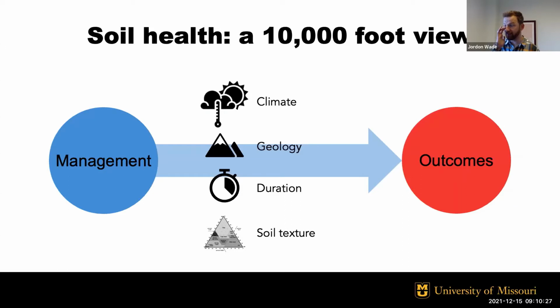So things like climate: where are you, how much rain do you get, and how hot is it there? Things like geology: how much slope you've got, and what kind of bedrock is beneath your field, how long you've had a management in place, and things like soil texture.